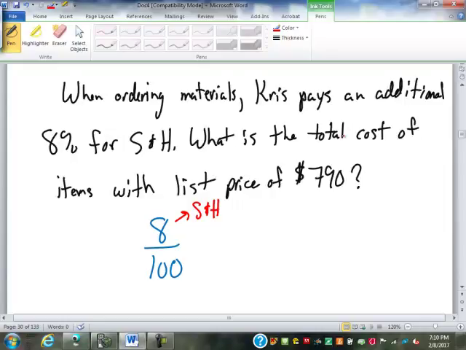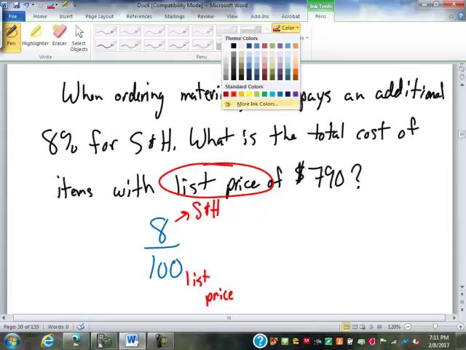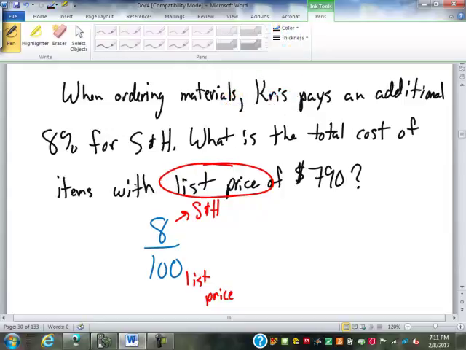Total cost of items. Not the total cost, the list price. So the $790 is the list price, right? So that's going on the bottom with the list price.